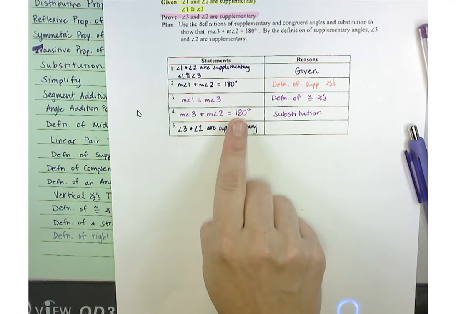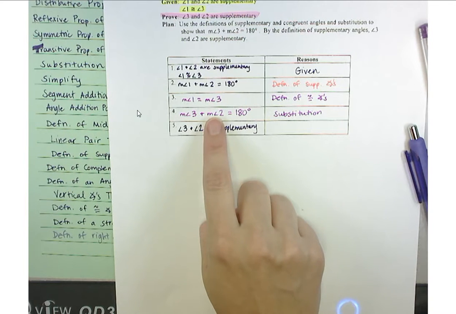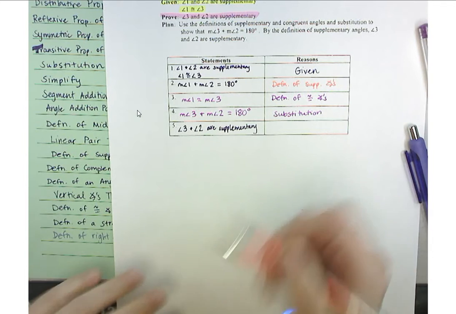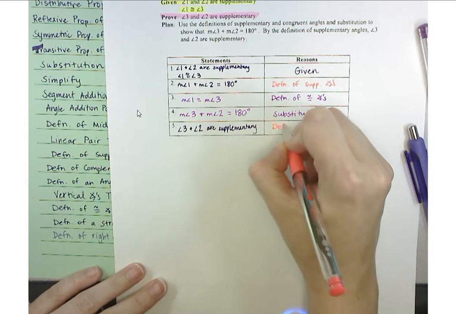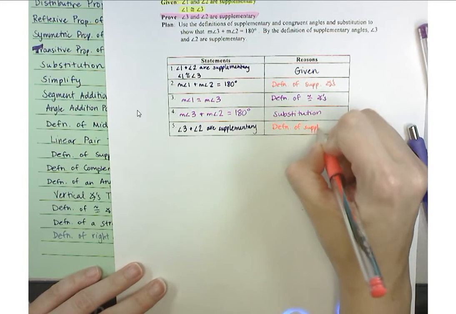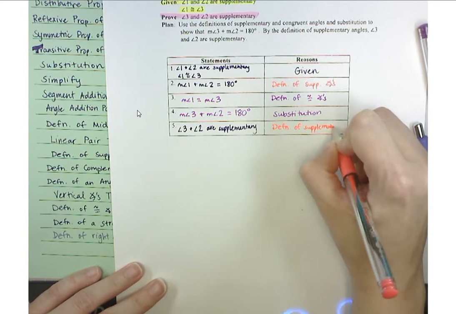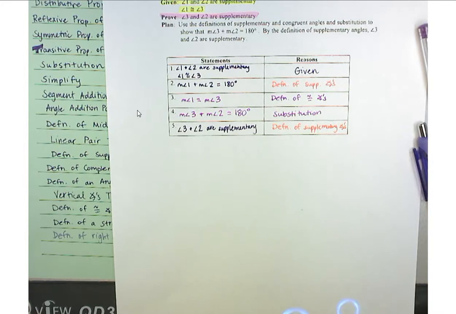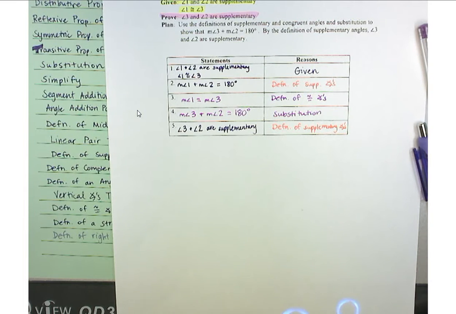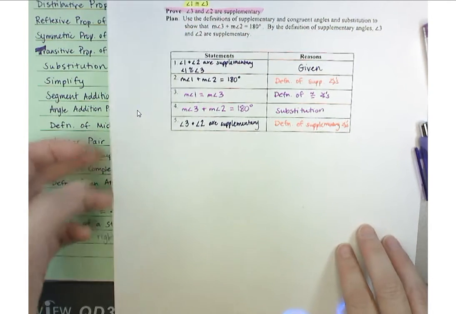Now, if the sum is 180, that's just what? It's just going to be the definition of supplementary angles, so that'll be our reason. Yes, you can have two of the same reason. It's not necessarily common, but in some of them you are going to have the same thing happening.